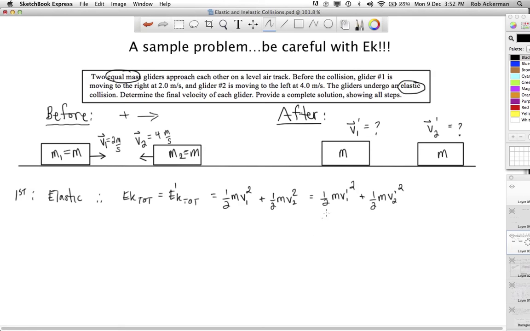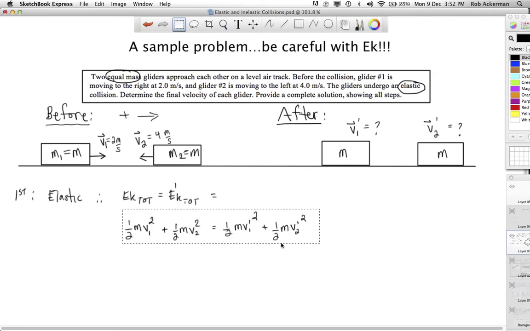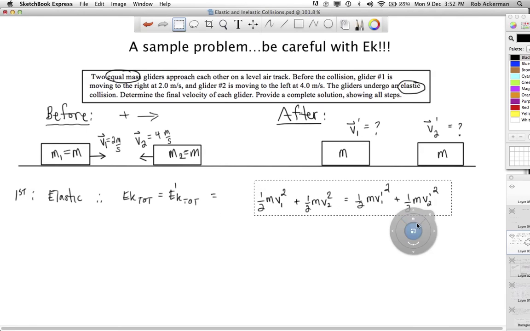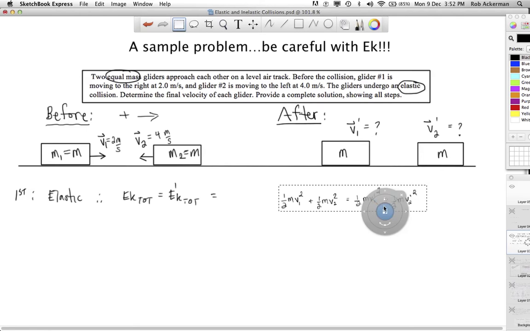Okay? Now, let's just borrow this and move it over here for a minute. I want to get it all on its own. And here's why. The halves appear everywhere, so they cancel. The masses are equal, so they cancel.